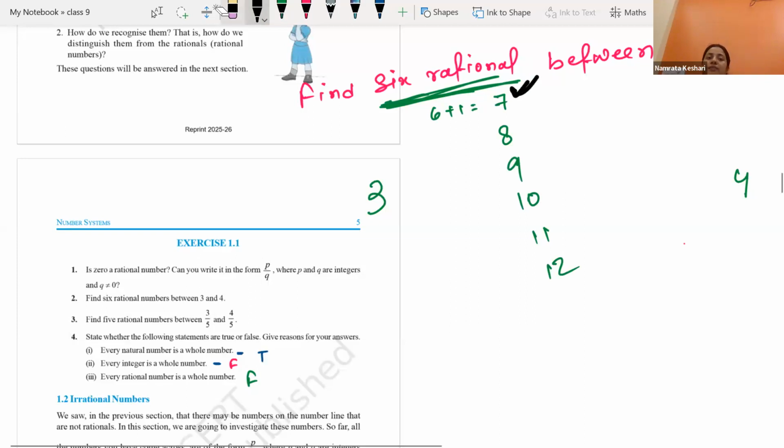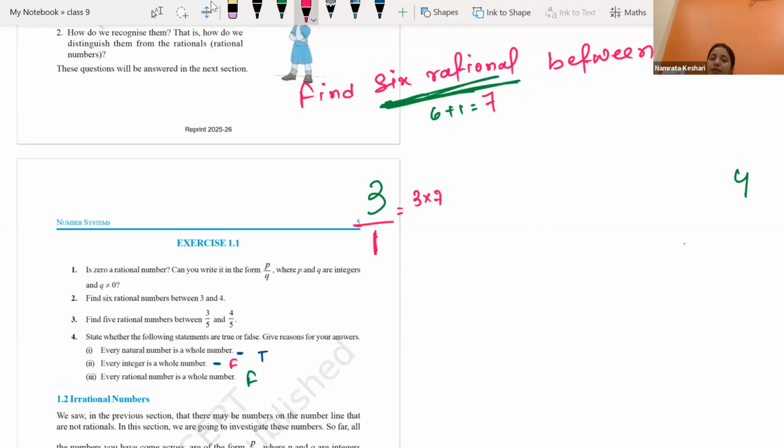Multiply it in the numerator and denominator of the given number. 3 can be taken as 3 by 1, which we write as 3 into 7 by 1 into 7. That means 3 can be written as 21 by 7.